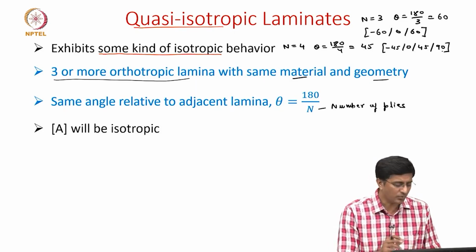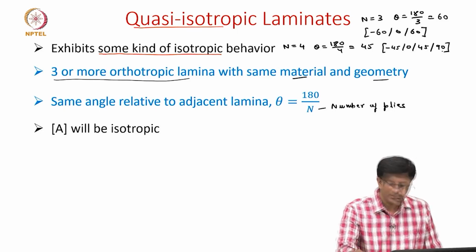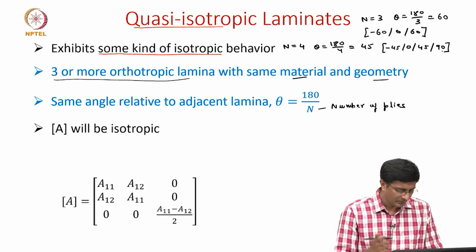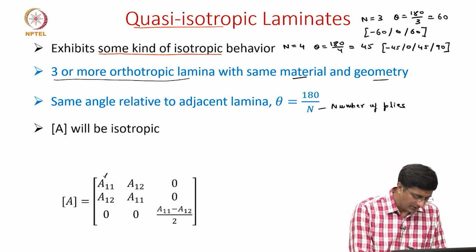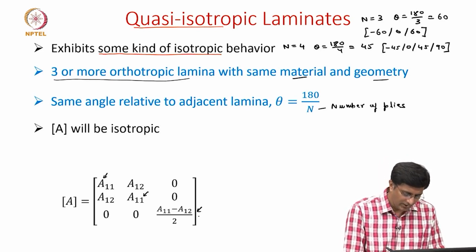This is possible if we get this A matrix to be isotropic. Let's see what we meant by A matrix to be isotropic. Here we are saying this A11 term and the A22 term are the same, and similarly the A66 term we are able to write in terms of just the A11 and A12 terms.